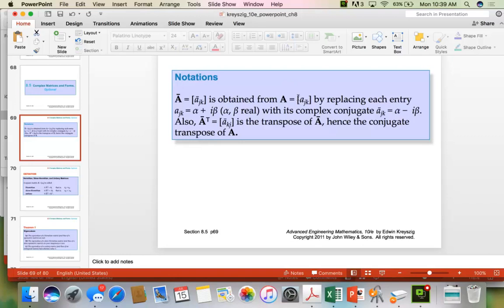So if a value a_jk was some alpha plus i beta, where alpha and beta are real, then the complex conjugate of that element would be alpha minus i beta. Also, we can take the transpose of the complex conjugate, and that is referred to as the conjugate transpose of the matrix A. So hopefully you'll recognize this bar notation as being a complex conjugate.